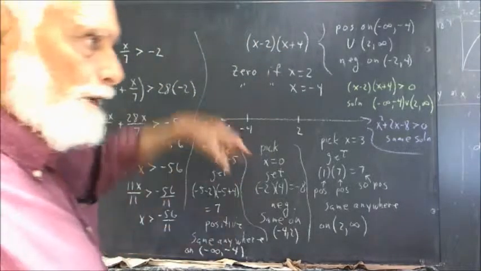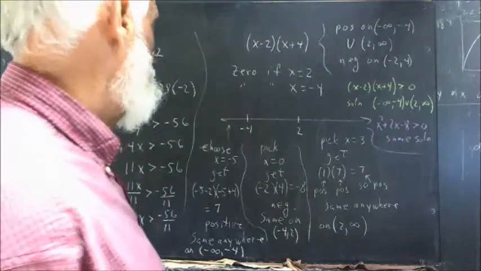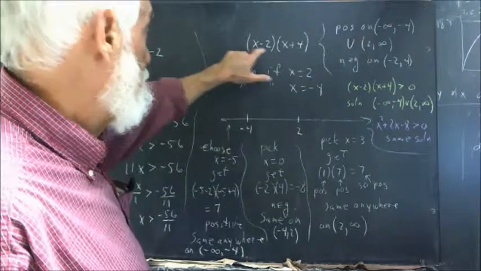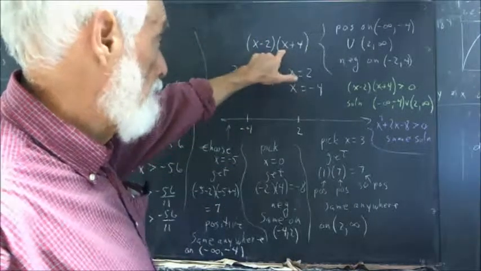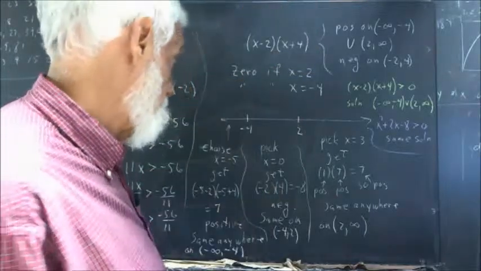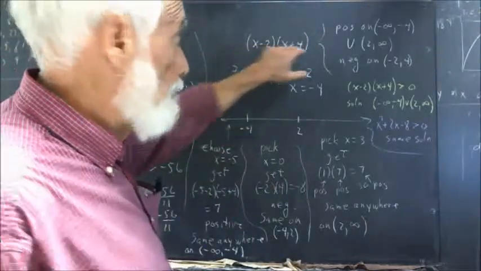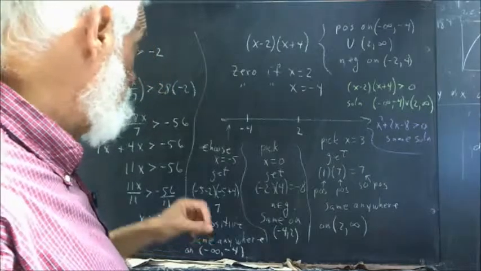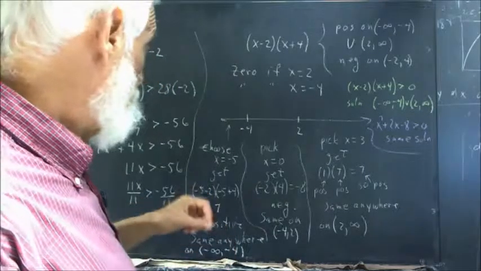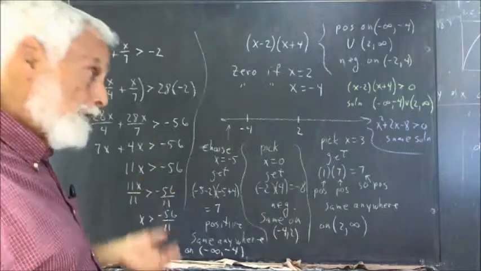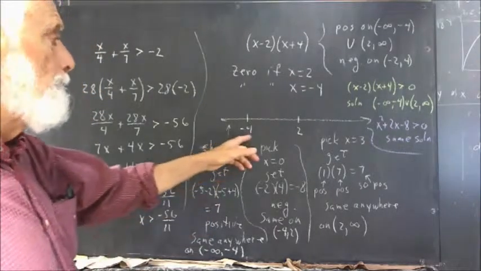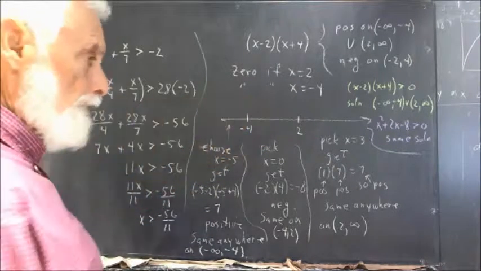Even if it had been negative 89,000 or whatever I said, negative 89,000 minus 2 is negative, and negative 89,000 plus 4 is negative, so we'd still have a negative times a negative. If all we're interested in is whether the result is negative or positive, we have our answer, and it doesn't matter where we are on this side of negative 4.